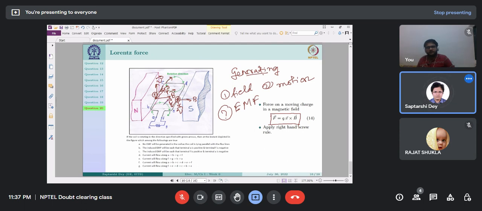So if I clean out these things and only draw the force, the force was in this direction here and in this direction here. So a current will be flowing like this. So let us find out which ones are correct here. A B C D E F, current is flowing in A B C D E F.